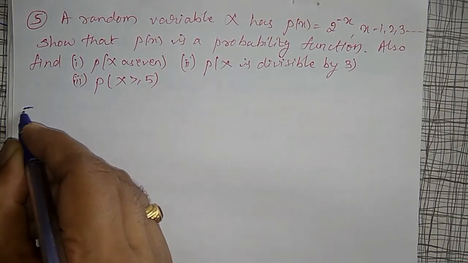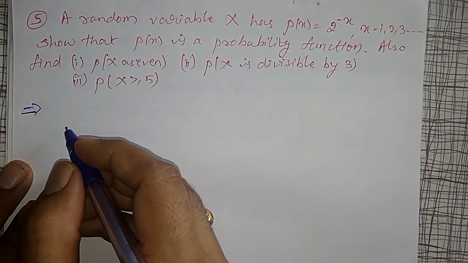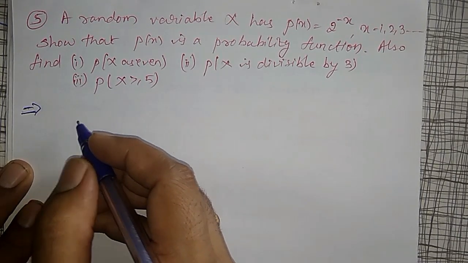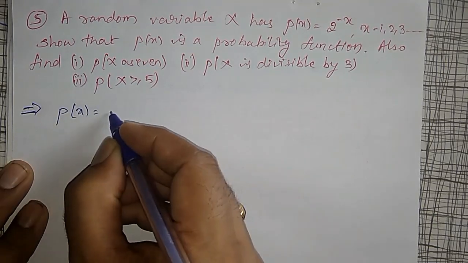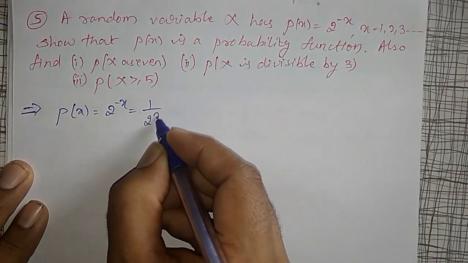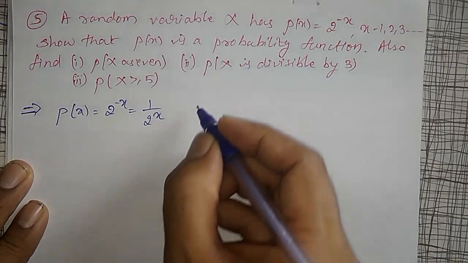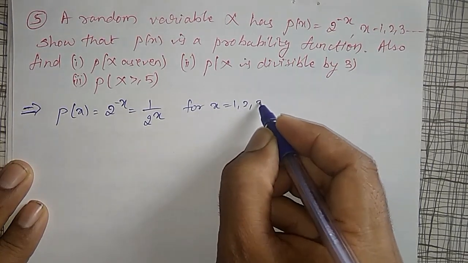First, here p of x is equal to 2 to the power minus x, or 1 by 2 to the power x, for x equal to 1, 2, 3 and so on.